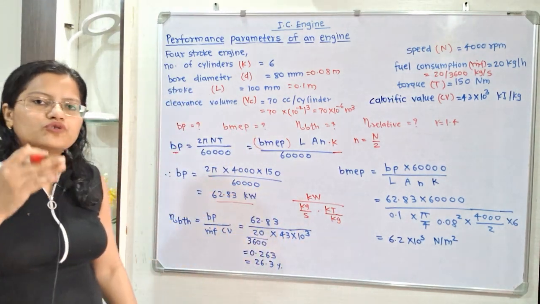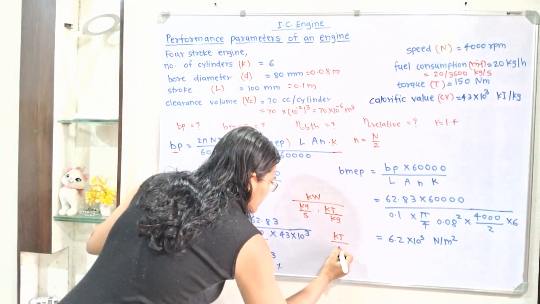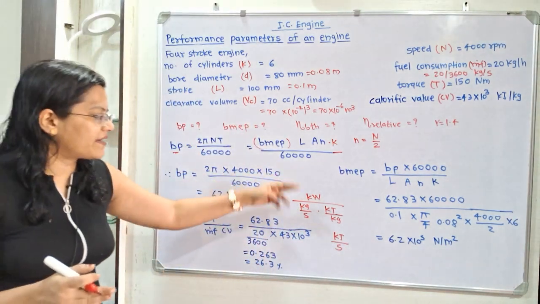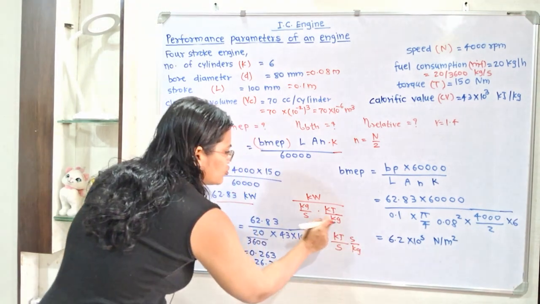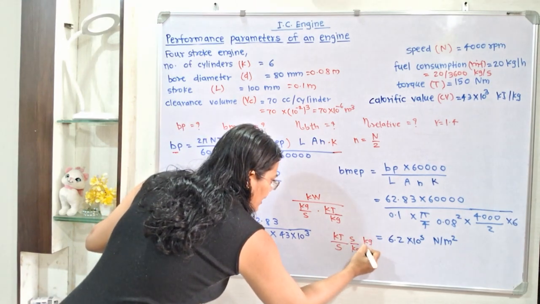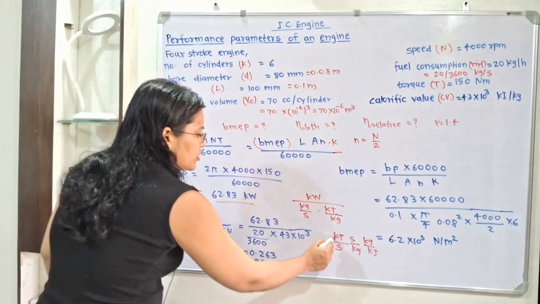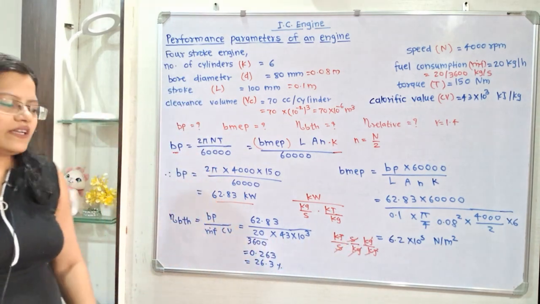Now again I will simplify this. Kilowatt means kilojoule per second. Kilogram per second I will write as second per kilogram, and kilojoule per kilogram as kilogram per kilojoule. Now if we observe, kilojoule gets cancelled, and second and kilogram get cancelled.